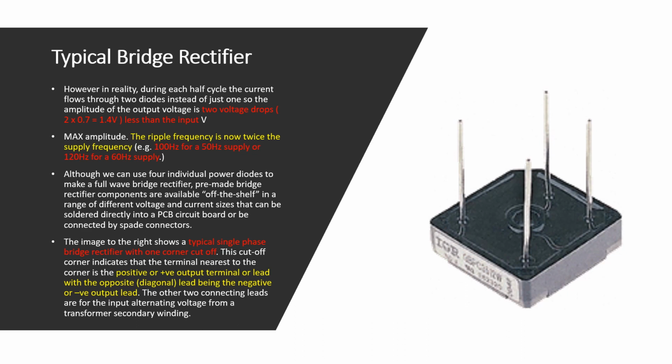This cut off corner indicates that the terminal nearest to it is the positive output terminal, and the lead on the opposite diagonal is the negative output lead. The other two remaining leads are for the input alternating voltage from a transformer secondary winding.